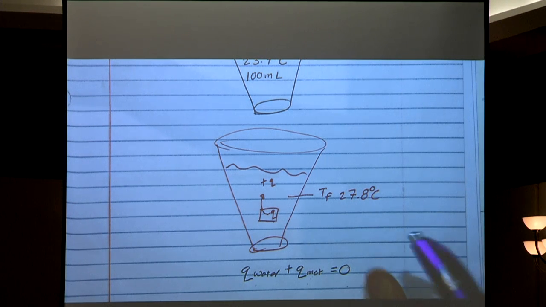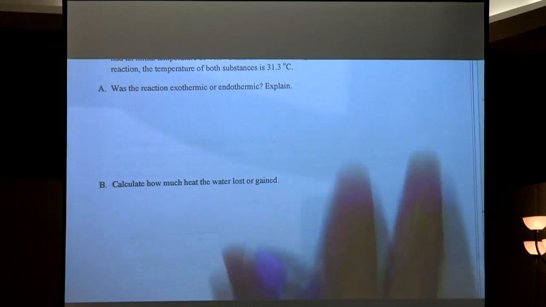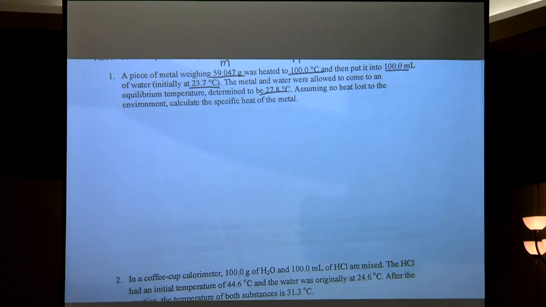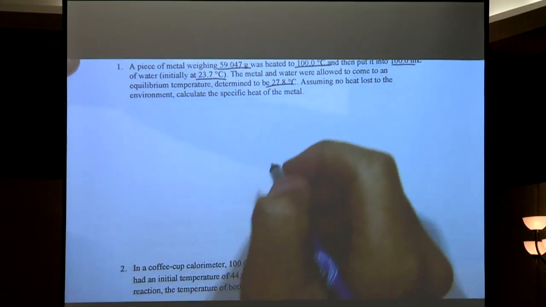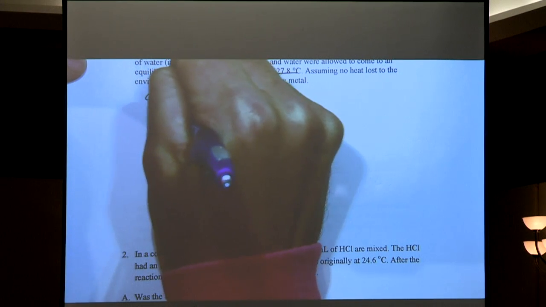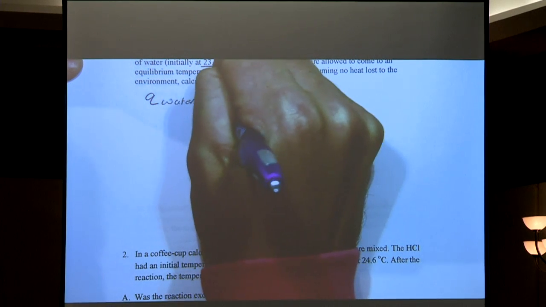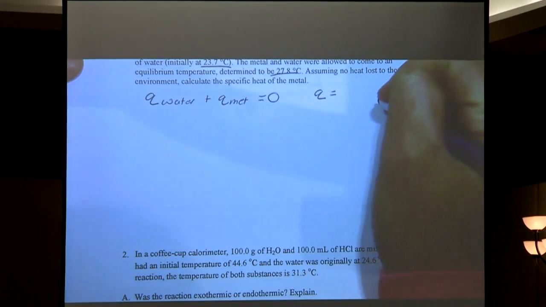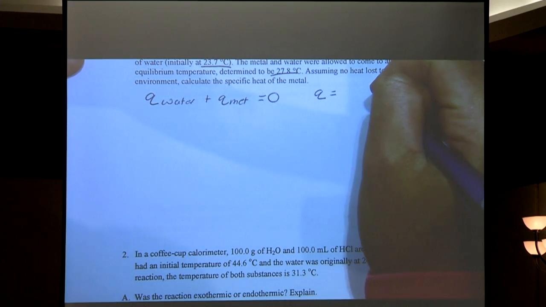All right? Let's go to the problem now. Assume no heat is lost to the environment. Calculate the specific heat of the metal. So if we have Q for the water plus Q for the metal equals 0, what's Q equal to in formula?